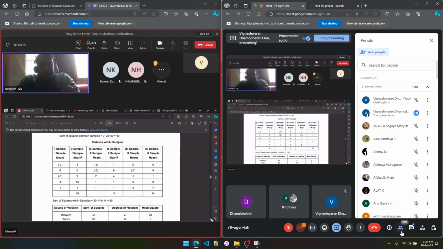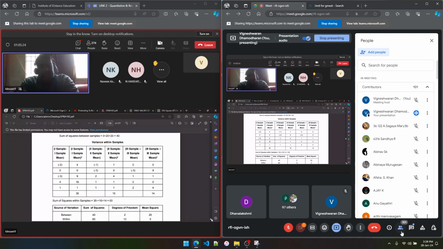Then second sample minus second sample mean, and then squared. Similarly, third sample minus third sample mean, and in the last column the square of that difference. Now, minus 2, 0, minus 3, 4, and then 1. And then 4, 0, 9, 16, and then 1.